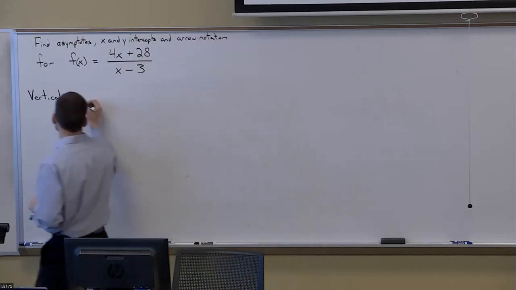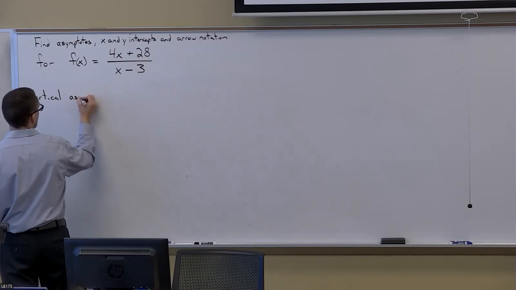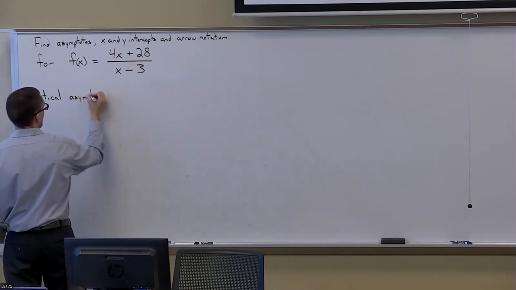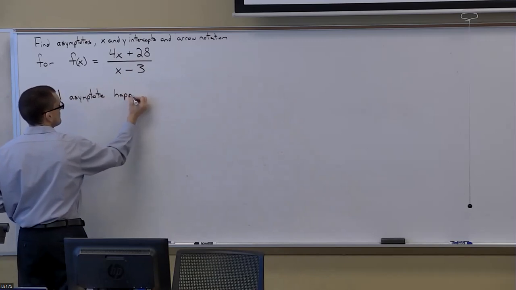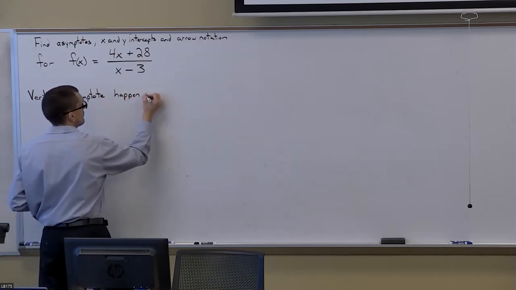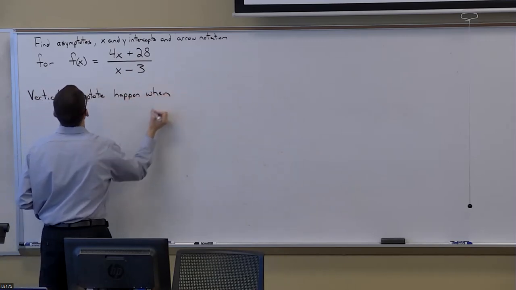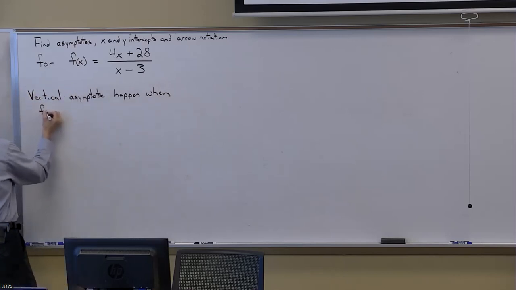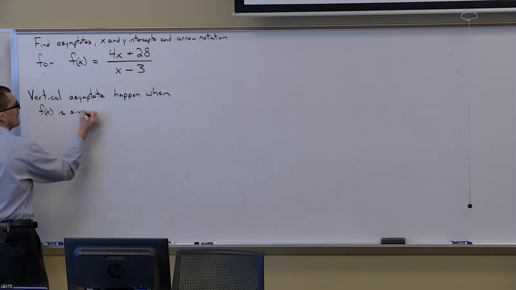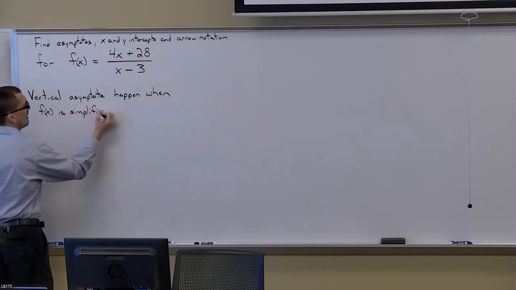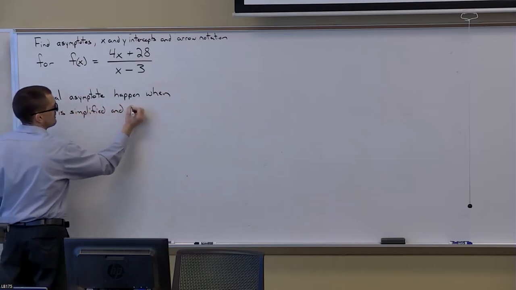So vertical asymptotes happen when f of x is simplified and the denominator is 0.